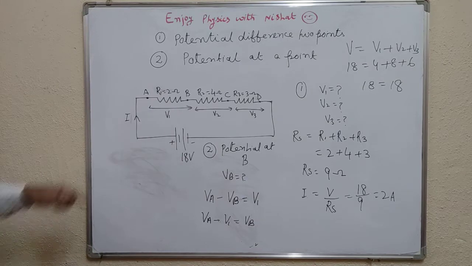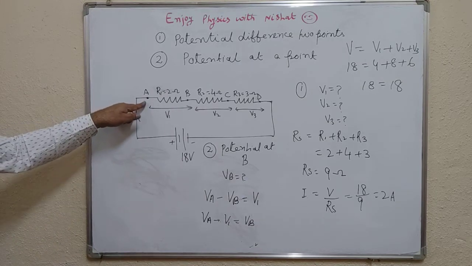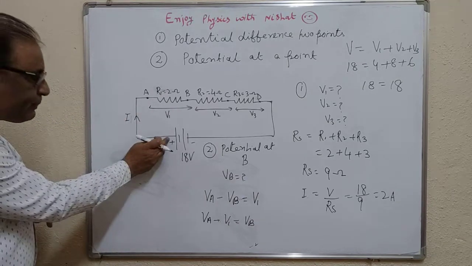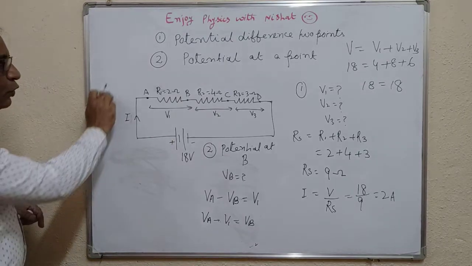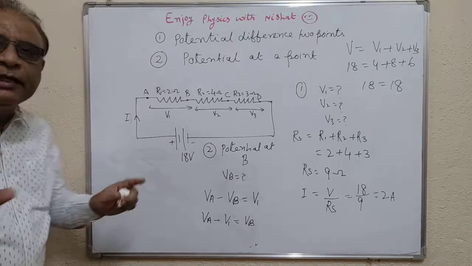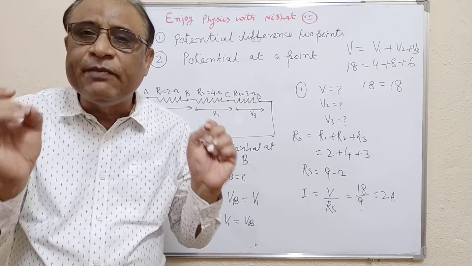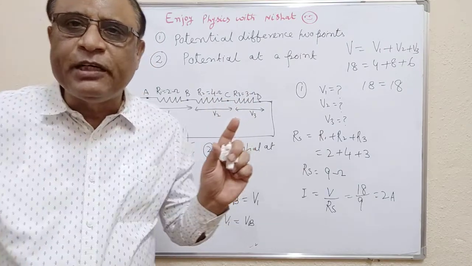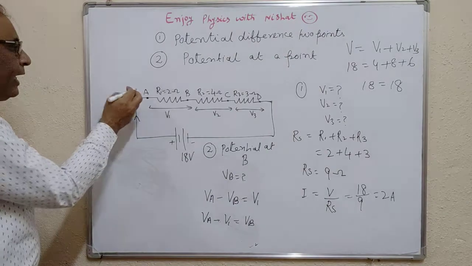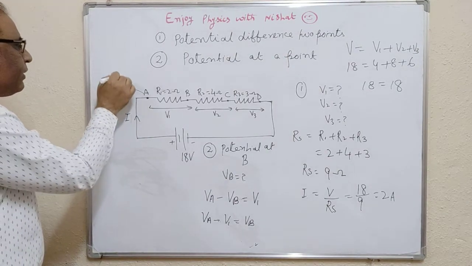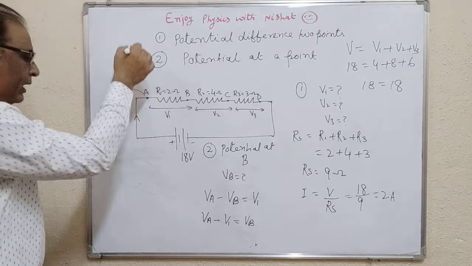Now the question is how much is V1? Just see students, from the positive of the cell to this point A, there is no resistance, it is only a connecting wire with negligible resistance. So no potential difference. So at the point A, VA must be 18 volt.